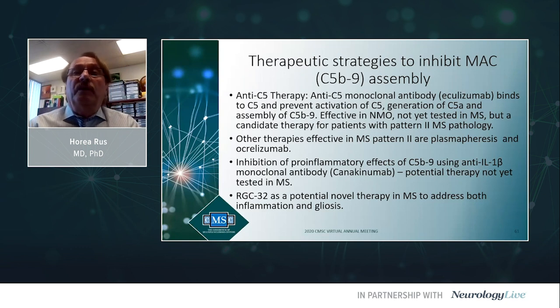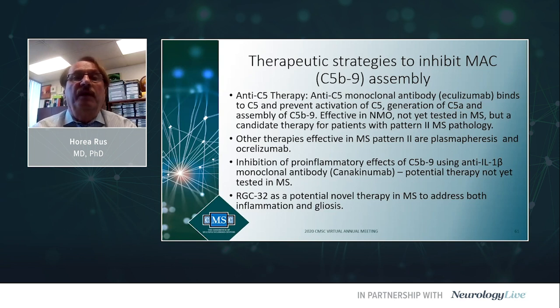Just at the end, to dive a little bit into therapeutic strategies to inhibit MS, we know already that there is an anti-C5 monoclonal antibody called eculizumab, which is used in NMO, aquaporin antibody positive patients, to prevent activation of C5 and generation of C5b-9.